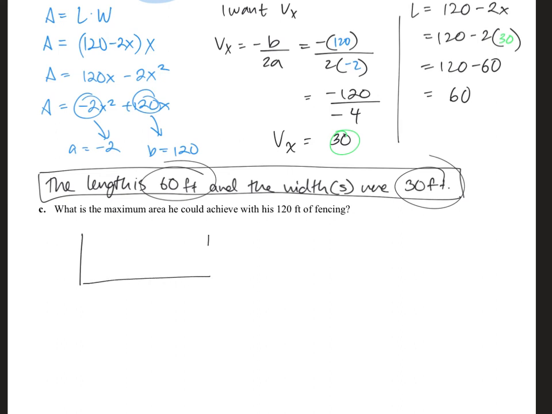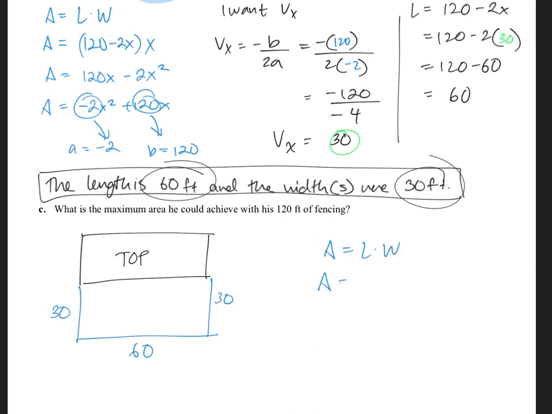So we had the top view of the house, and then we had the fencing, and we know the fencing was 30, 30, and 60. And now we want the maximum area. Remember, area equals length times width. Sorry, the width is 30, and the length is 60.